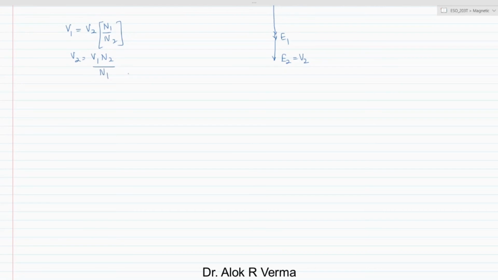This is the relation of a transformer between primary and secondary voltage and turns ratio. Now since the transformer is ideal, the input power is equal to the output power.